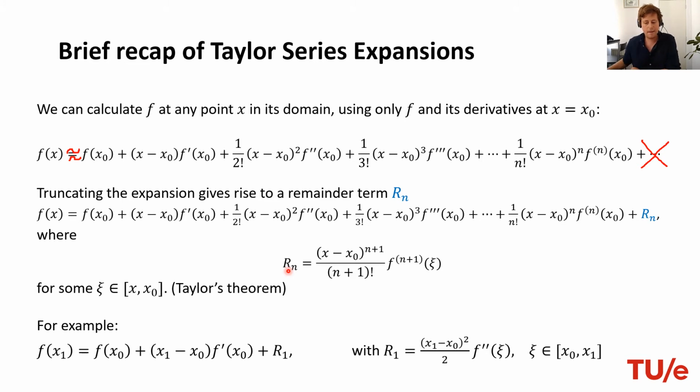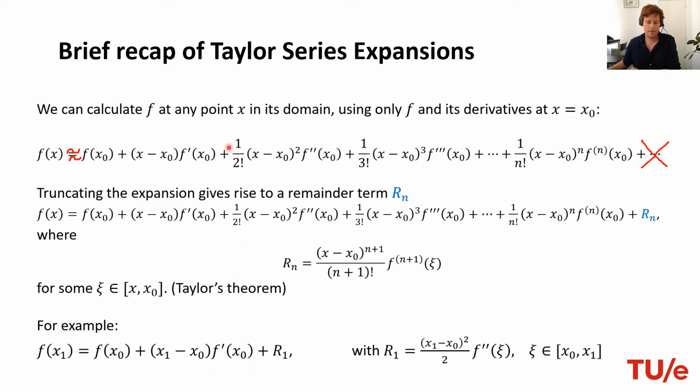Let's take a look at an example here. In this example, we take a Taylor series expansion of an arbitrary function f, which we want to evaluate at a point x1, and we take the Taylor series expansion around x0. We only take into account the first term and the second term, or the 0th order term and the first order term, and after that we will truncate.